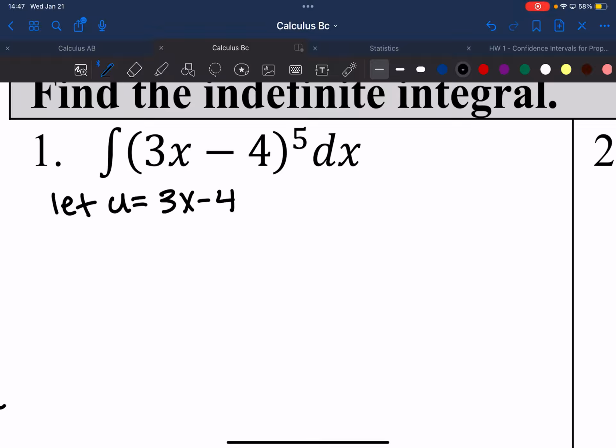Once we have u, then we know that du dx, or the derivative of u, is going to be equal to 3. And our goal here is to have this integral all in terms of u, which means that we can no longer have dx at the end, but instead we need du. So in order to get dx by itself, so we can substitute it back in, we would multiply both sides by dx, then we would divide by 3. So we have dx is equal to du over 3.